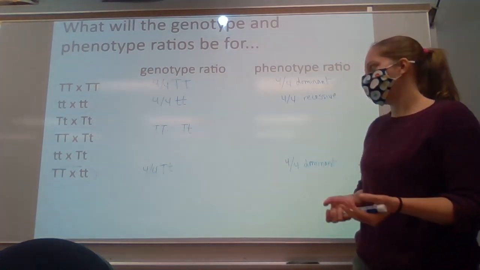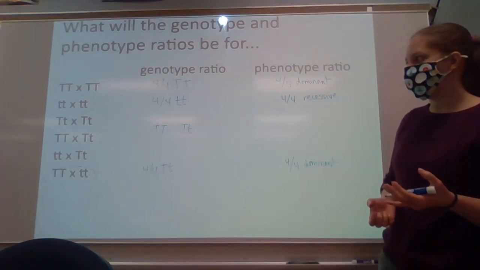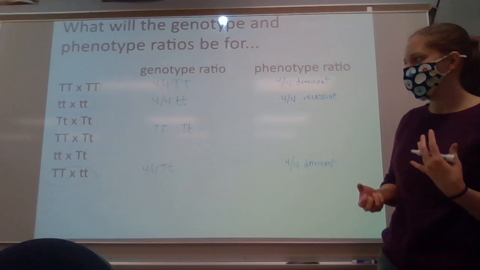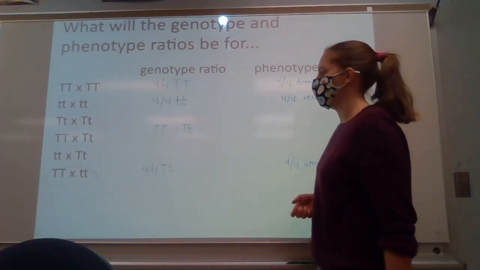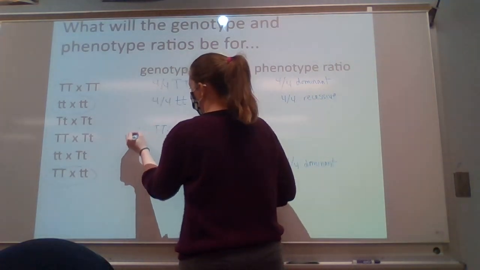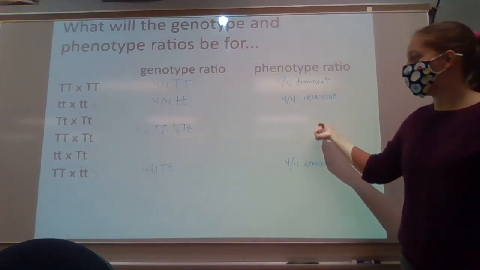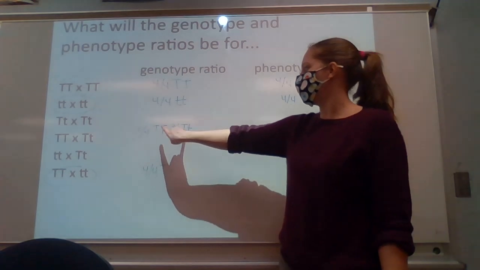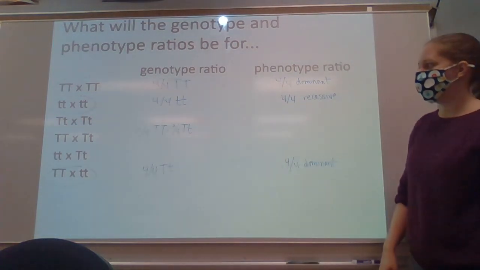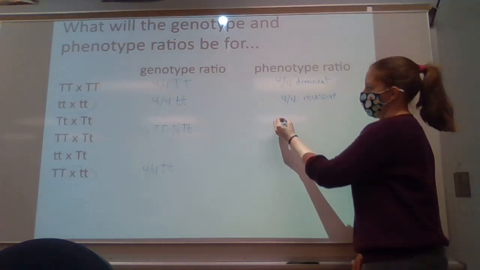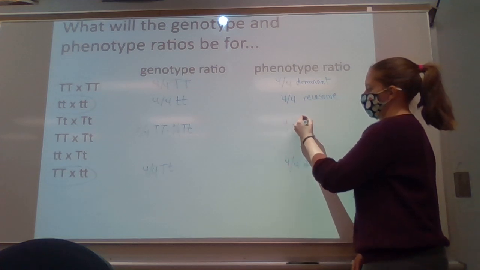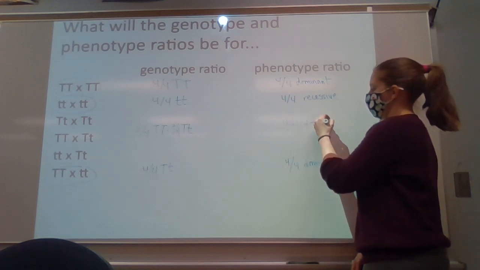You can make the square if you need to, but it's going to be 50-50, right? Half and half. So 2/4, 2/4. Phenotype-wise, both of those genotypes are going to result in a dominant. So 4 out of 4 are going to show the dominant trait.